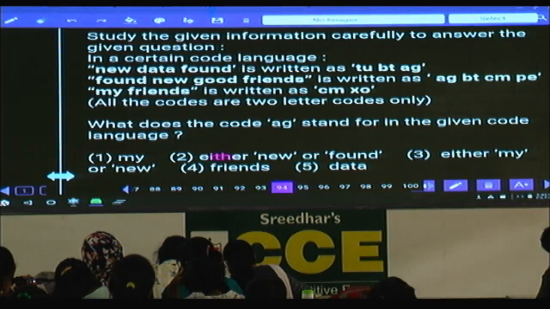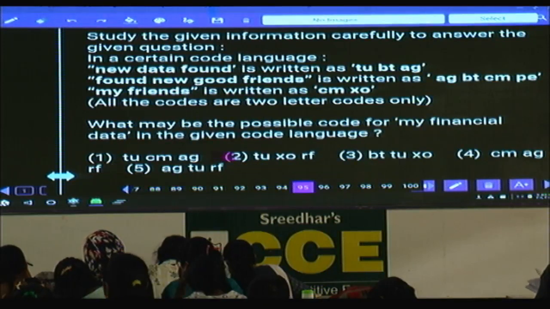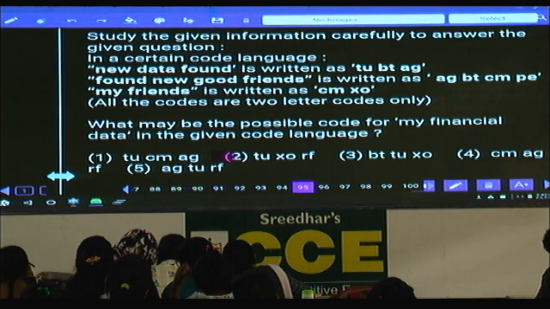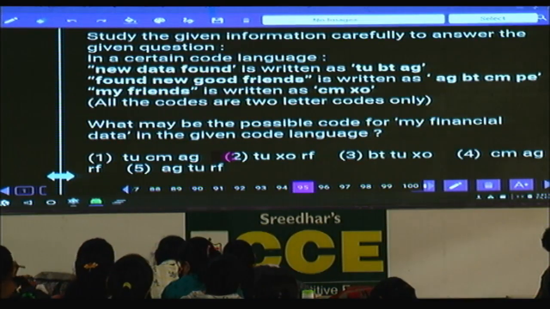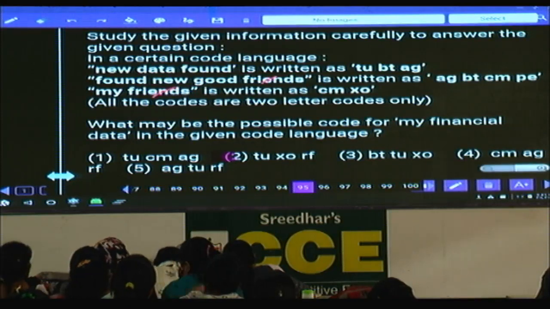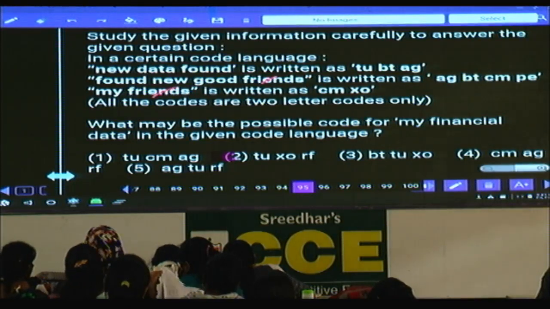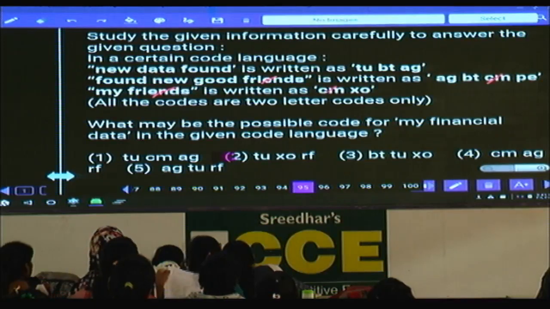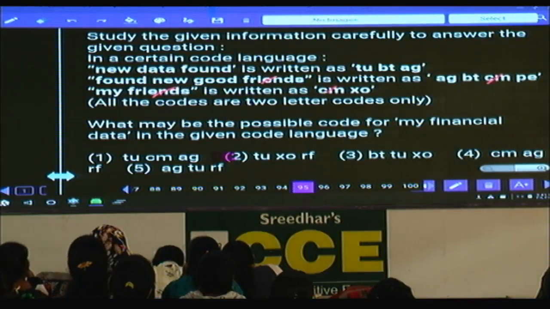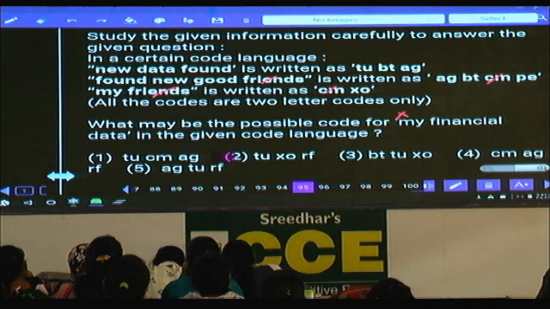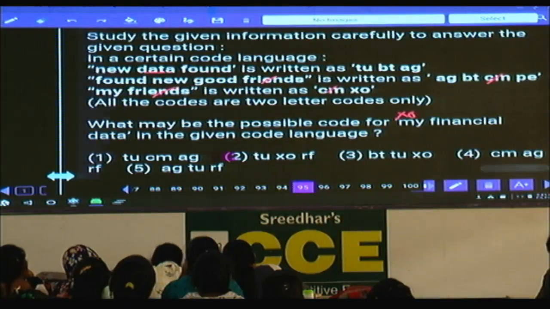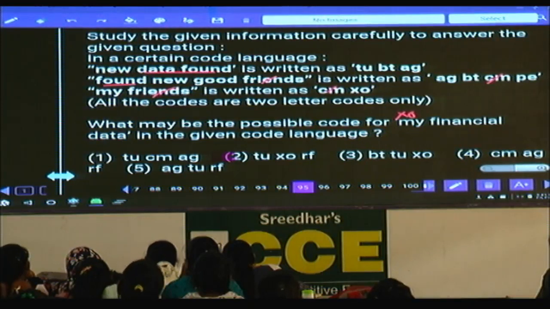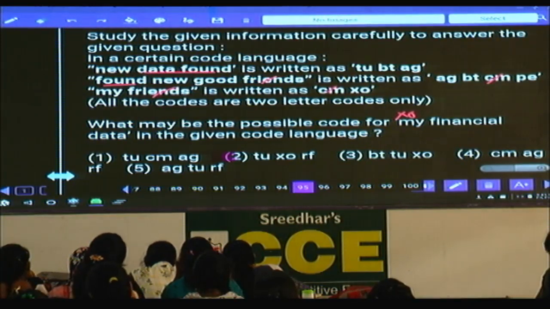Then next one, 95. What may be the possible code for my financial data? Now, friends is the word which is common between these two. As friends is common, tell me what is the code common here? CM. As CM is friends, the code for my is XO. And data. Data is in new and found.